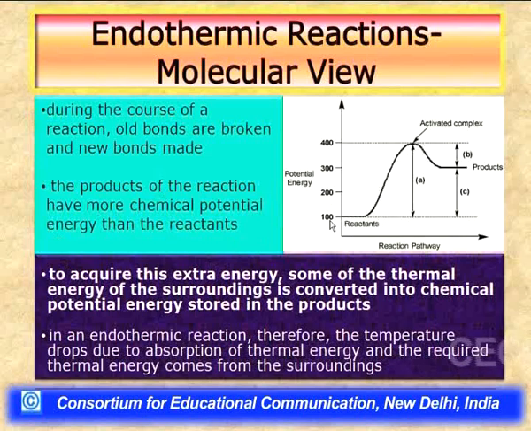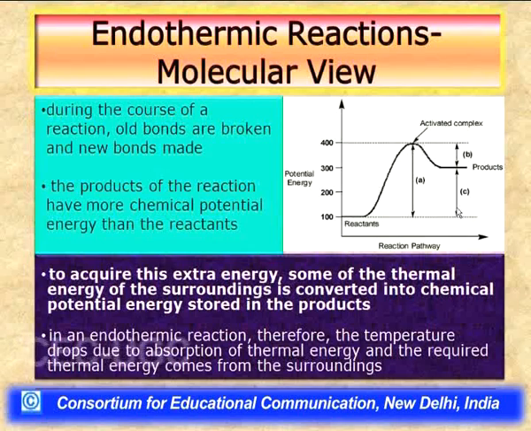Now, please have a look at this diagram. It is a diagram between the potential energy of the system and the reaction pathway. Reaction pathway means the coordinates of the reaction system. So, here we have reactants. Reactants have less potential energy, and when they undergo transformation from reactant species to product species, the products have greater potential energy.